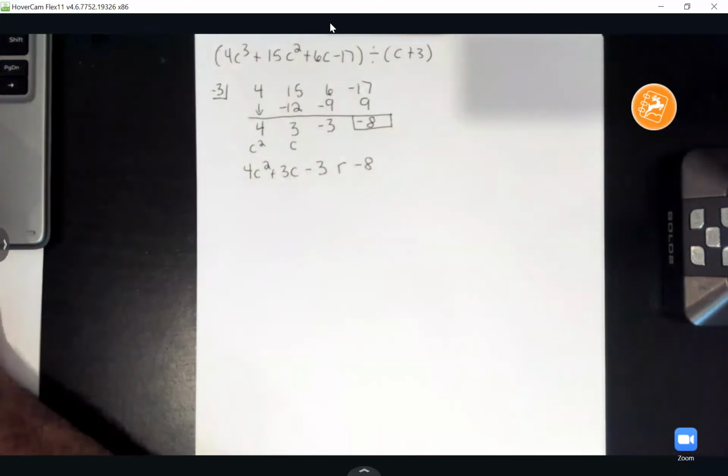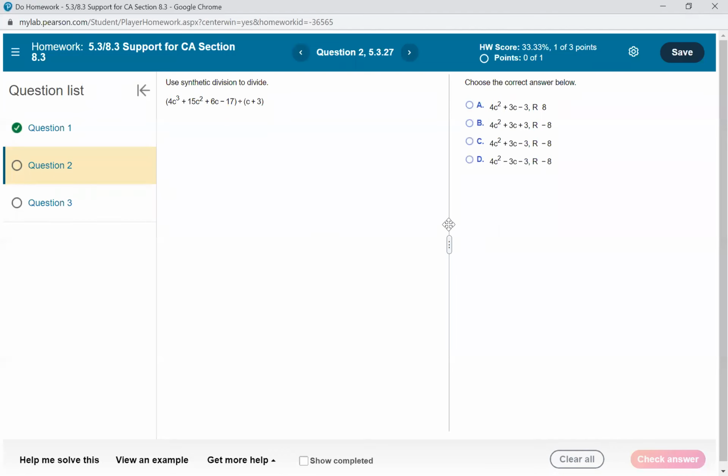All right, so that's what happens when you're checking these. You're just praying these numbers are right. So 3 of them got a negative 8. So I've actually got to look at my numbers now. So I had a 4, a positive 3, and then a negative 3. So y'all, the only one that matches us would be C on that one.